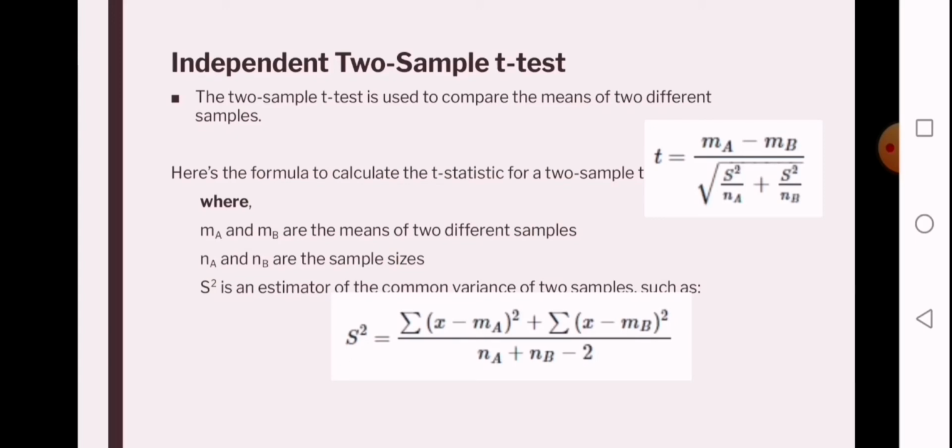Here, the degree of freedom is Na plus Nb minus 2.